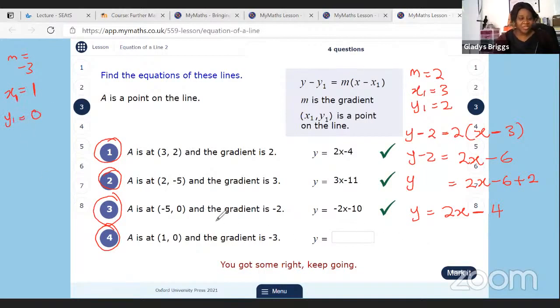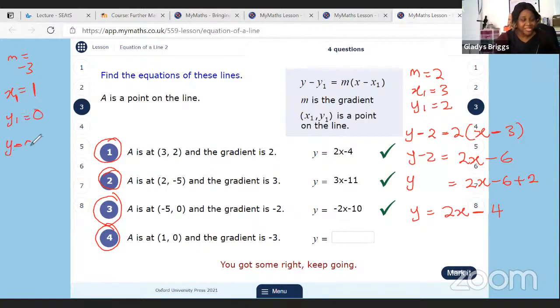So why is it difficult then? 0 is equal to negative 3 times 0 minus what? y1. What is y1? So y1 is 0. I forgot the formula and I'm trying to be like you guys.